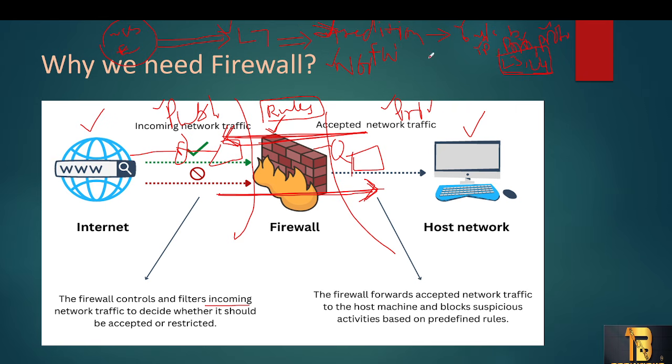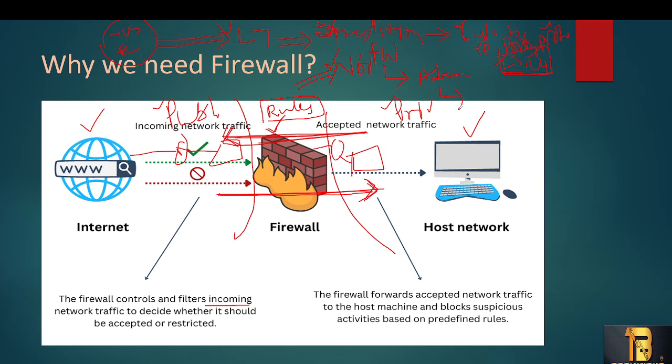To rule this out, they invented next generation firewalls. Next generation firewalls give advanced security. Here you can see that traditional firewalls give only basic security depending on L3 and L4, but next generation firewalls provide advanced security.